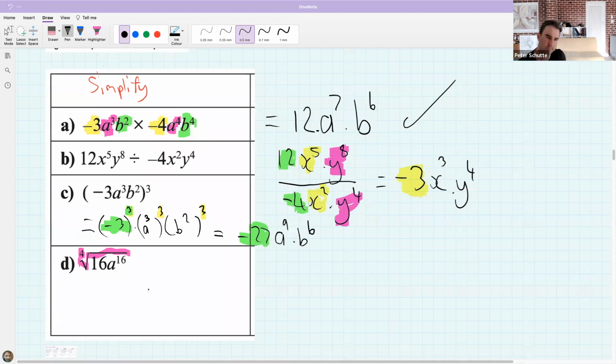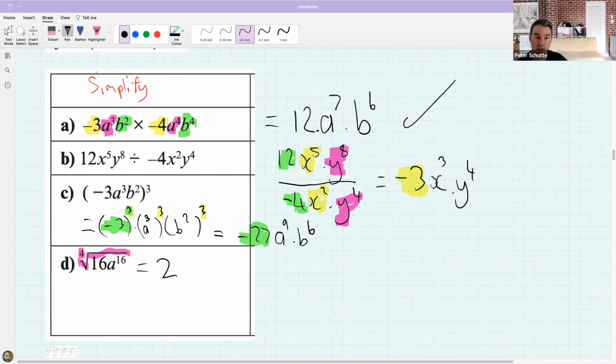So that thing is like the 4th root, right? Yeah. So I found the 4th root of 16, which was 2. Yep. And then since we multiply the exponent when we are square rooting it or cube rooting it, I divided the a to the power of 16 by the 4, and then got a to the power of 2.